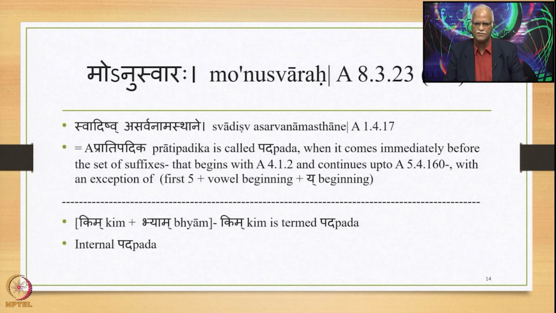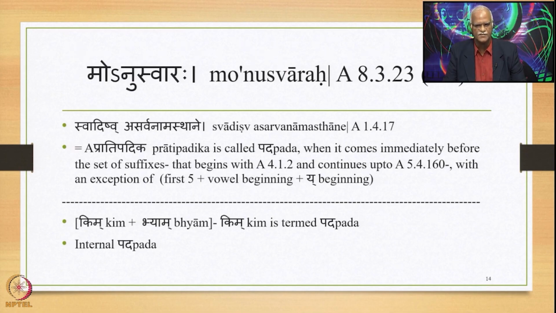So what this sutra means is the following: a pratipadika is called pada when it comes immediately before a set of suffixes, and this set begins with 4.1.2 and continues up to 5.4.160, with the exception of the first 5 stated in 4.1.2, and then the vowel beginning suffixes stated in this particular section, and also the suffixes in this particular section which begin with y consonant. So a pratipadika is called pada when it comes immediately before this set of suffixes.